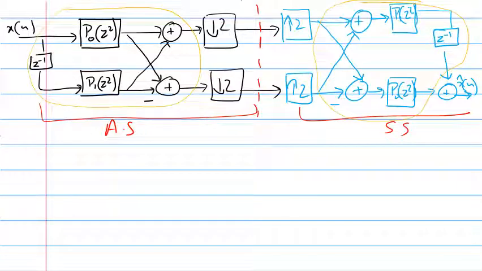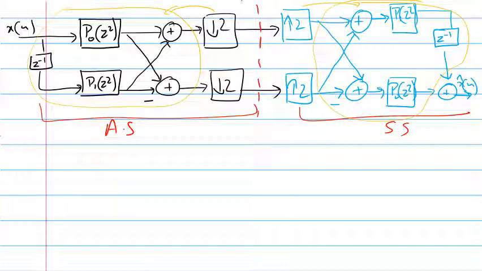Now, to make the polyphase realization further computationally efficient, we can do an interchange. We can bring the downsampler to the left and shift the upsampler to the right.